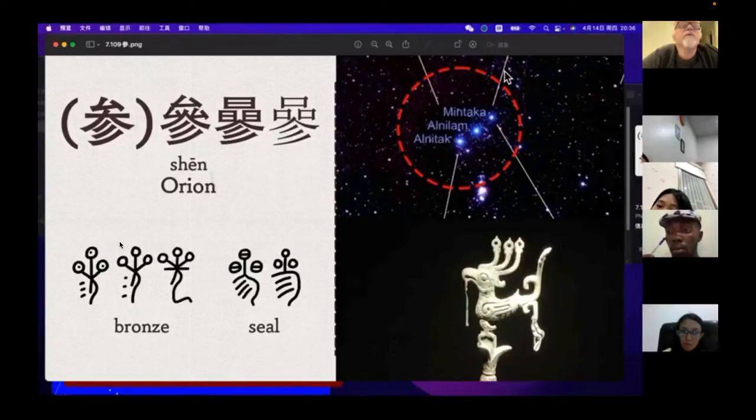And they found this bird there. They don't know what it is, but I think it represents Orion.